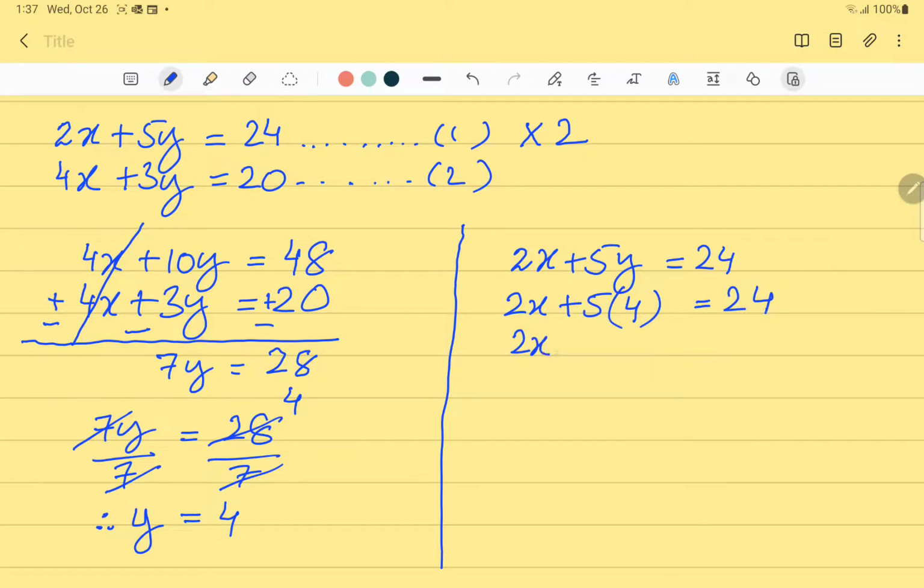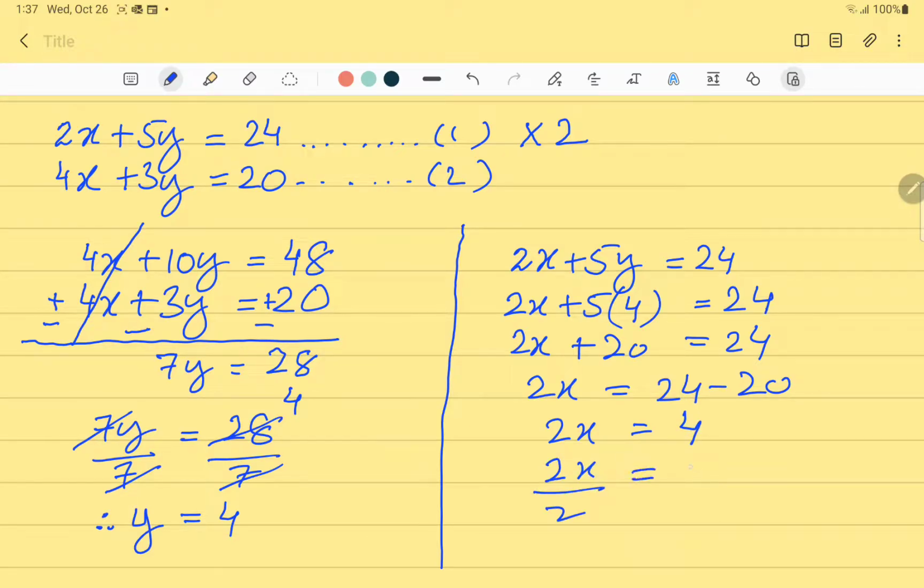So 2x plus 20 is equal to 24. 2x is equal to 24 minus 20. So 2x is equal to 4, and then when we divide both sides by 2, we will be getting x is equal to 2.